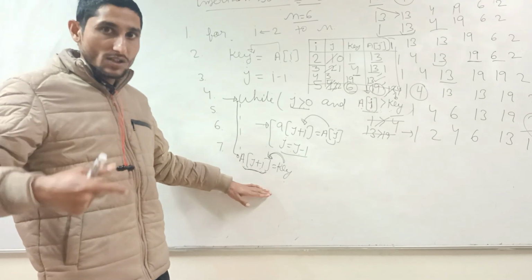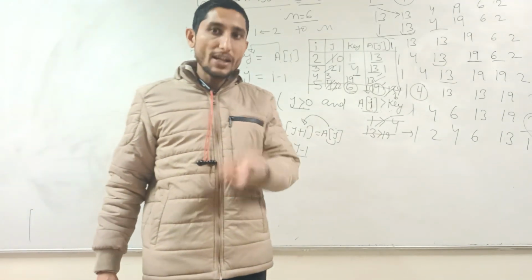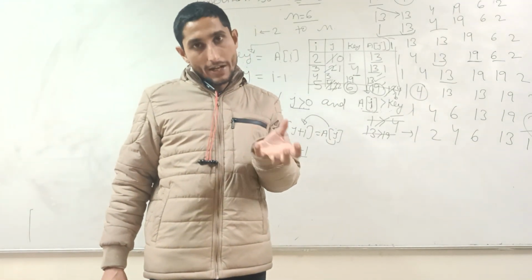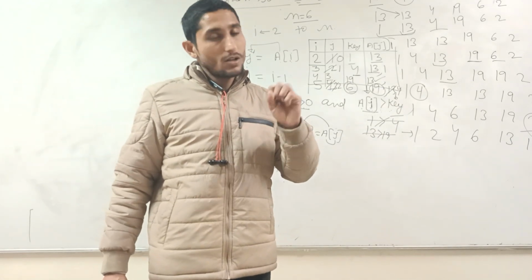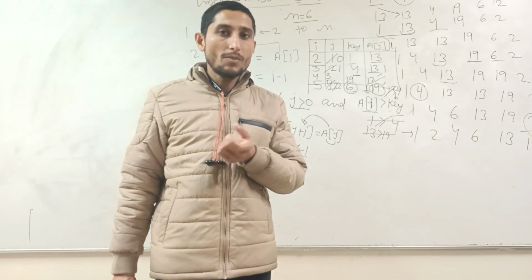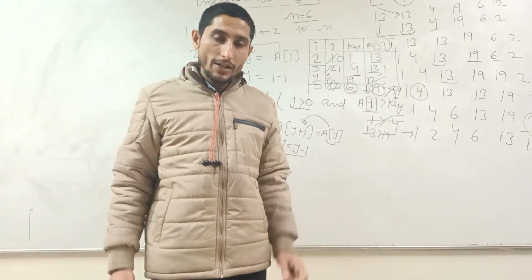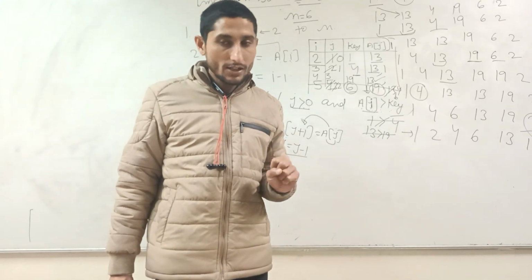So what is my motivation? I will pick the third one and I will try to find the correct position of the third element among these two. So it makes 3 elements sorted. So that is the approach for insertion sort.